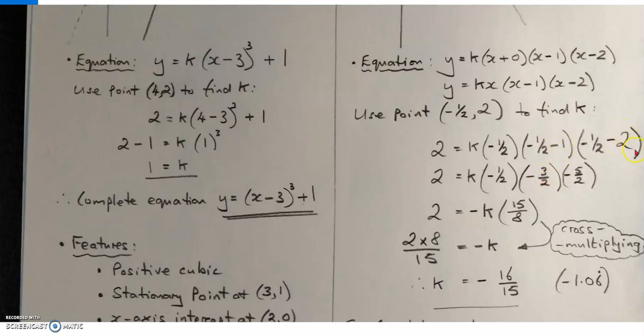Look at this one here. 2 is 4 halves. So you've got -1/2 minus 4 halves is -5 halves. Now, these brackets are telling us that these 3 fractions, -1/2, -3/2, -5/2, are all being multiplied together.